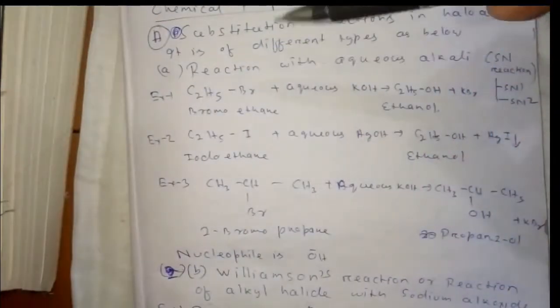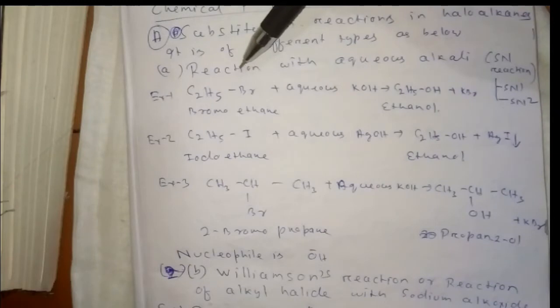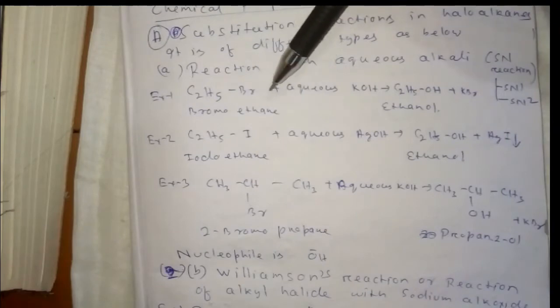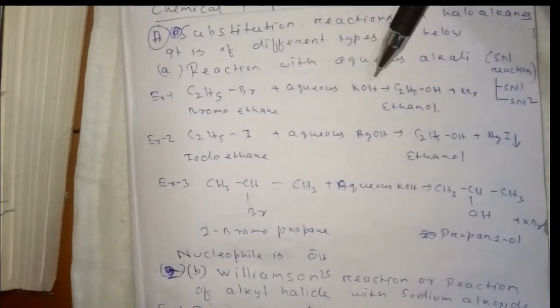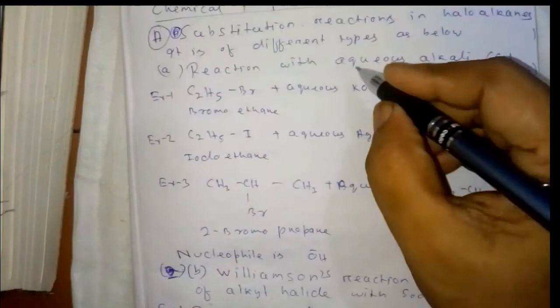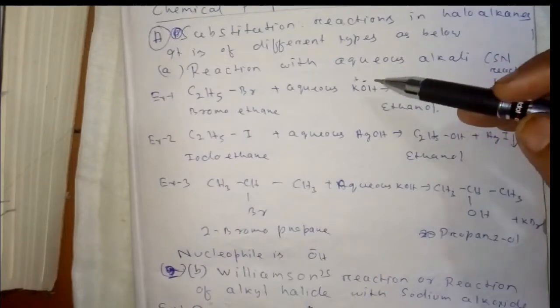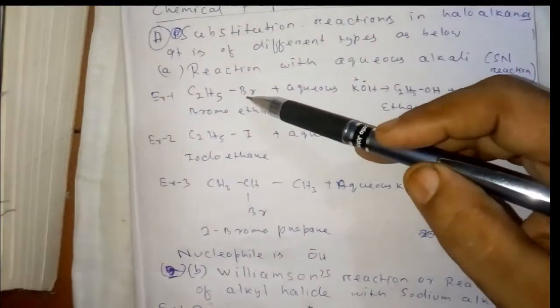Example 1 is C2H5Br, bromoethane or ethyl bromide, with aqueous alkali. The Br minus is replaced or substituted by OH minus. Here K is plus, OH is minus. So OH minus is the nucleophile, and this nucleophile substitutes Br.